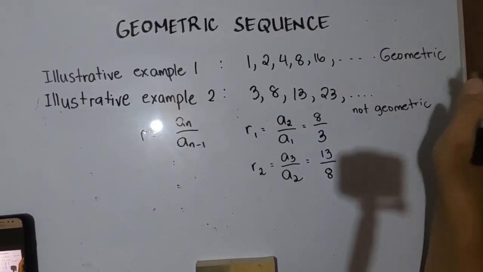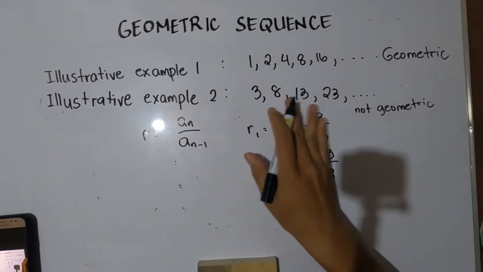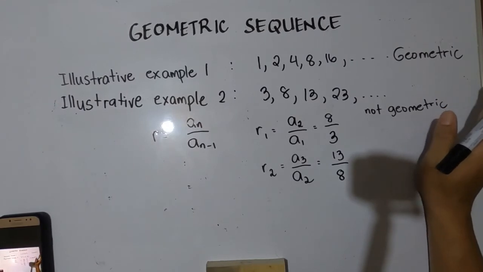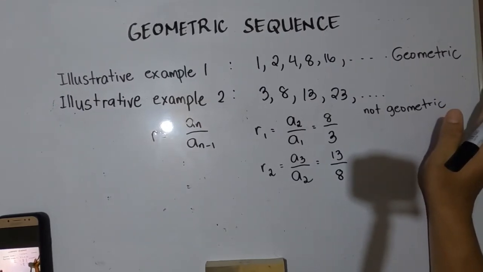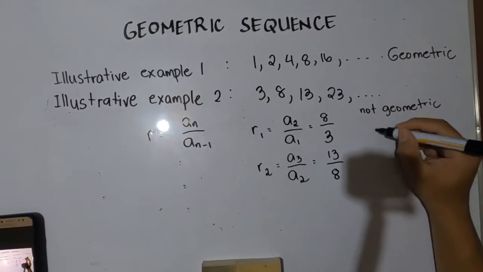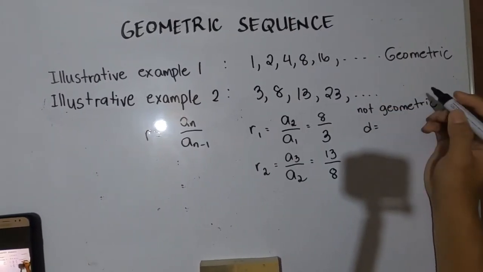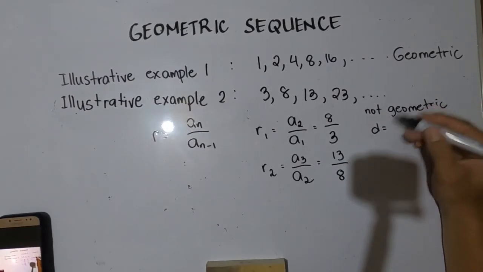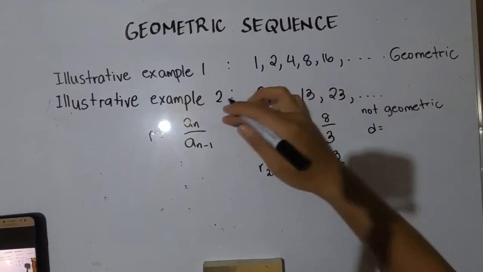As you can see, the sequence 3, 8, 13, 23 seems to have a common difference in any consecutive terms. Let's try to verify. Remember, common difference exists in an arithmetic sequence. Let's verify that this sequence is arithmetic.